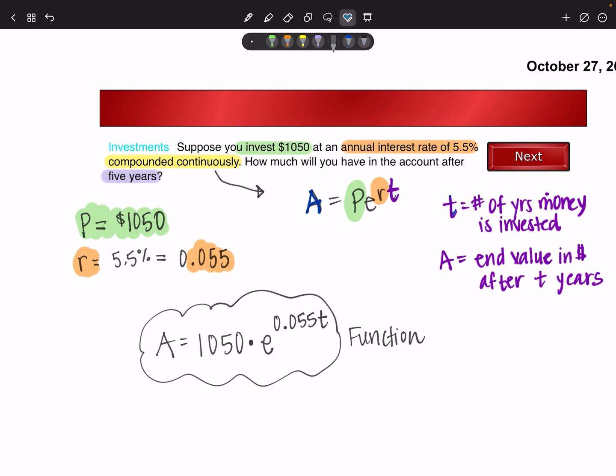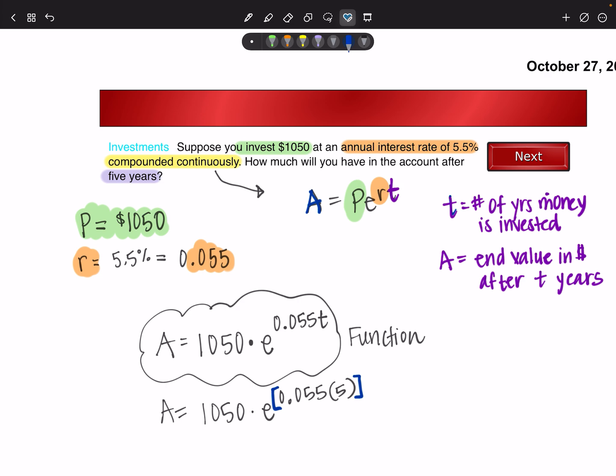Now, how much will you have after 5 years? This is where we'll need our calculators. A equals 1050 times e raised to the 0.055 times 5 power. Now make sure that all of 0.055 times 5 is in your exponent.